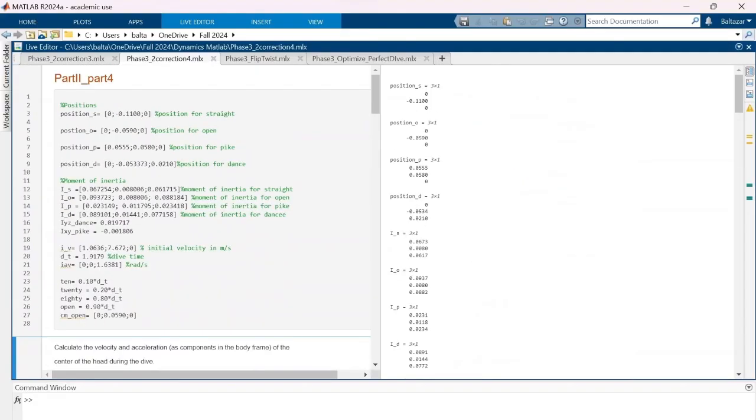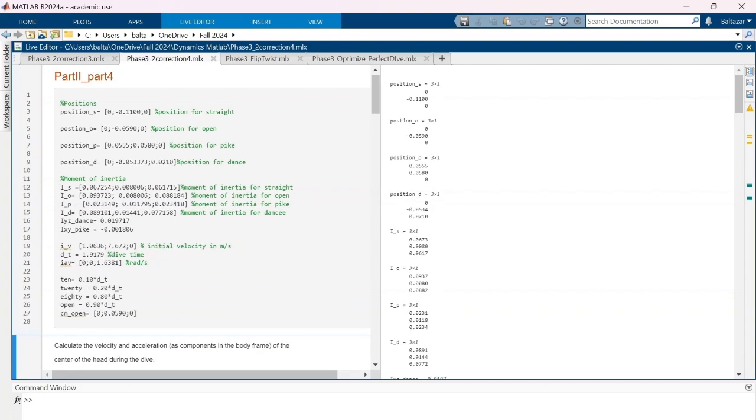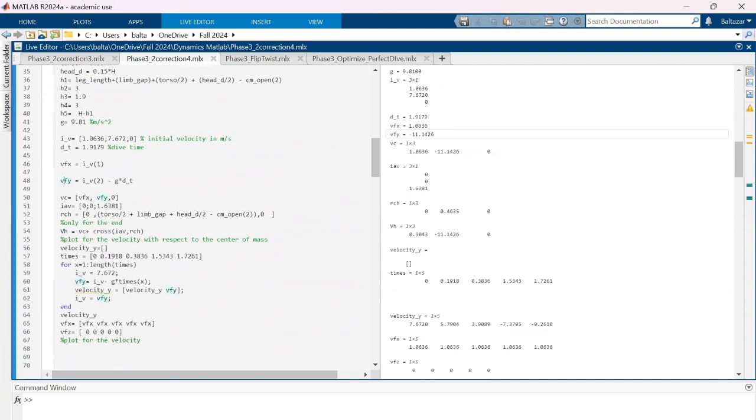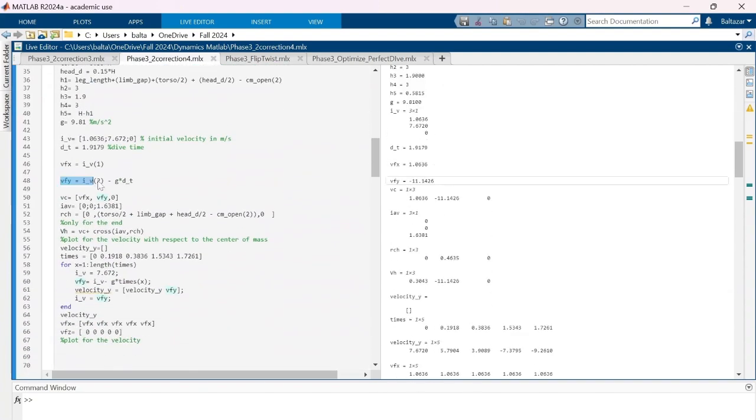In continuation of phase 2, our next goal is to find the velocity and acceleration of the center of head and the center of mass. Here are some of the parameters that were used. To begin finding the velocity of the center of mass, we can use basic kinematic equations where the final velocity is equal to the initial velocity minus gravity times the change in time.